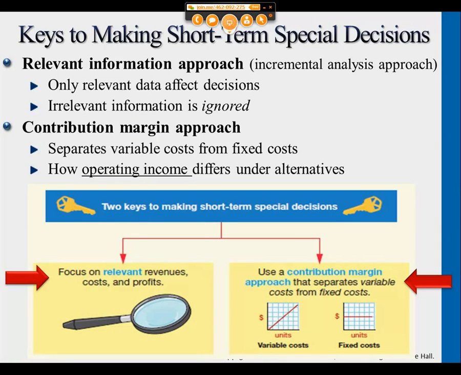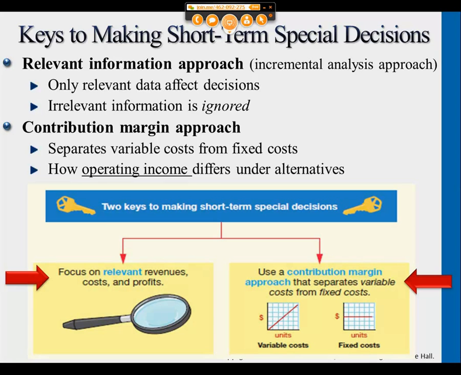So to make a right decision, let's discuss the key points to make a short-term decision. We have the relevant information approach, and we have the contribution margin approach. We talked about contribution margin last class, right? The relevant information approach we just covered, so let's go a little bit more into detail.